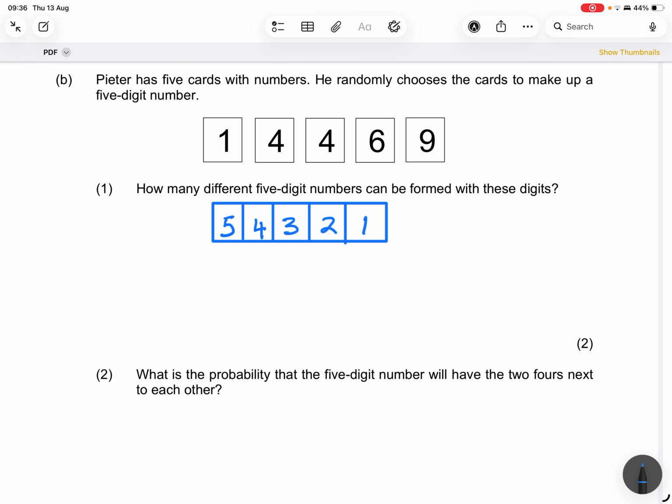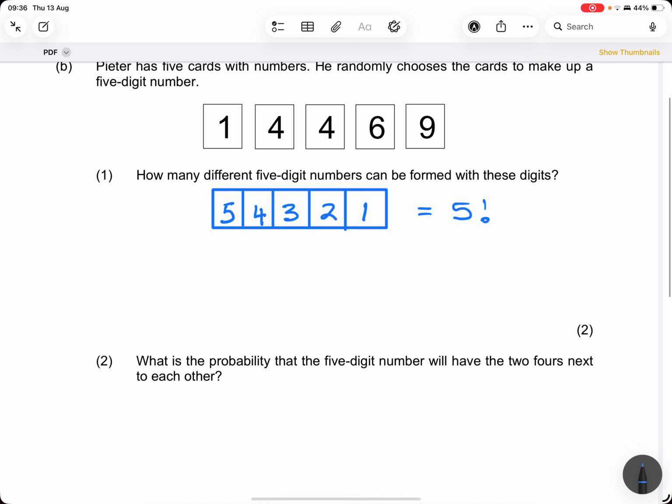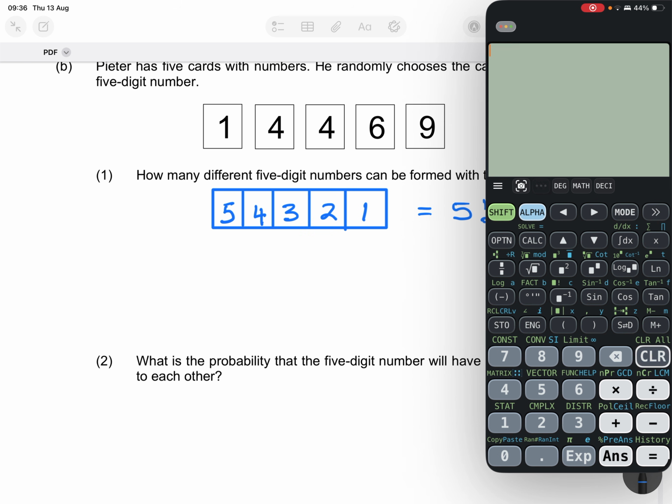So how many different 5-digit numbers can be formed with these? It will simply be 5 times 4 times 3 times 2 times 1. And as you all know, this is simply 5 factorial. We can work out what that is in terms of the number.